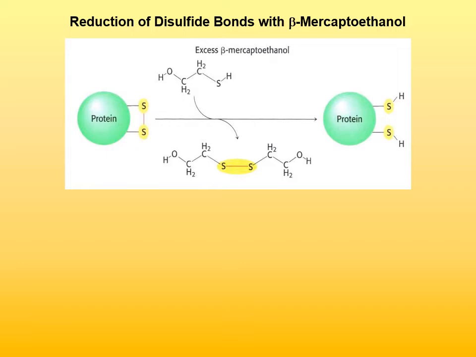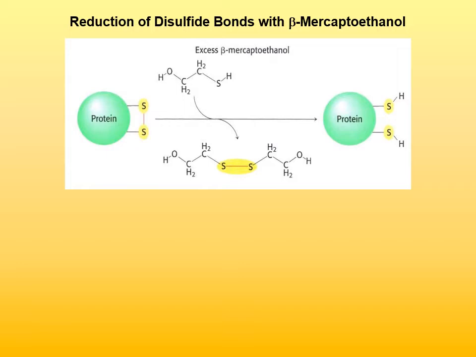When we use excess, it reacts with disulfide bonds within the protein and it forms its own disulfide bonds. It's simply an equilibrium process. We add very large excess of beta-mercaptoethanol, and so original disulfide bonds are cleaved and they are formed with mercapto group, SH group of ethanol.